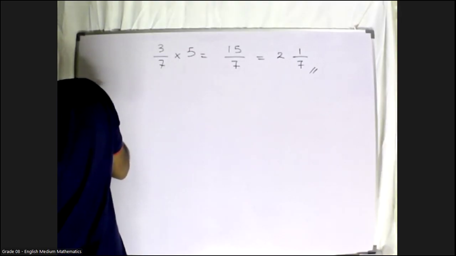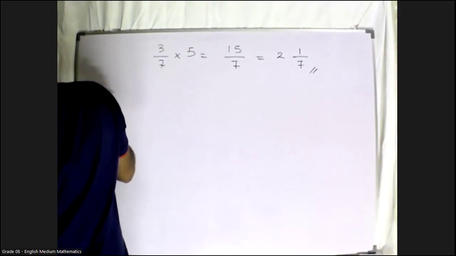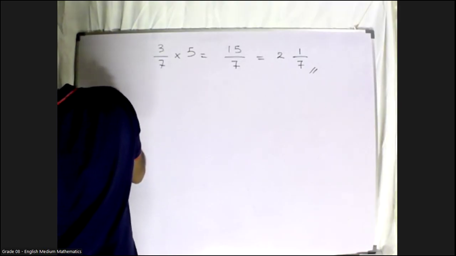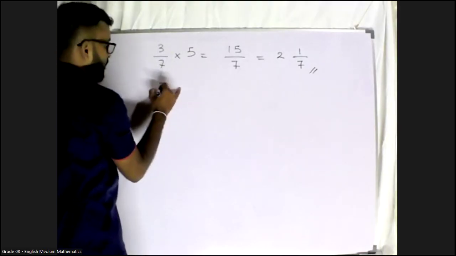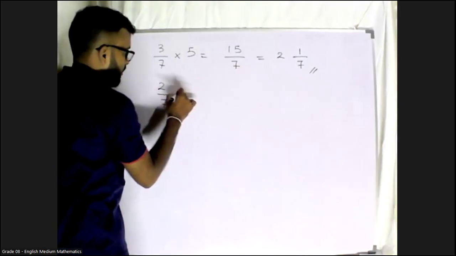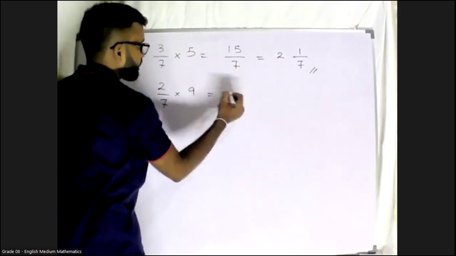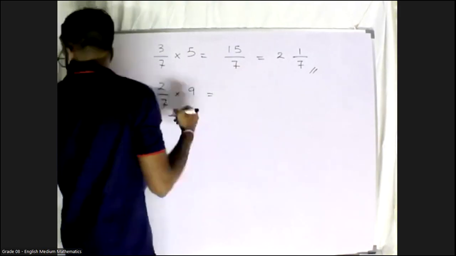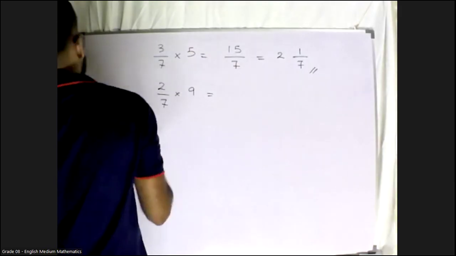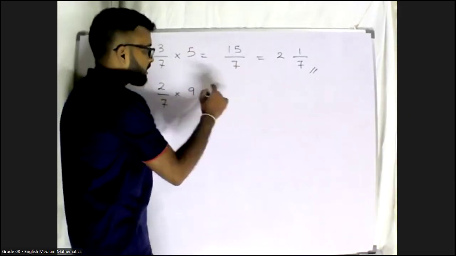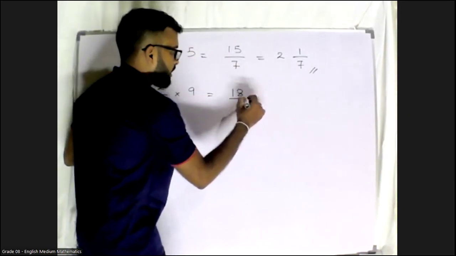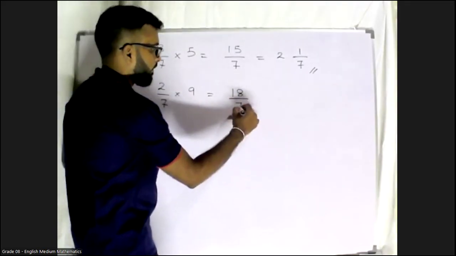the fifth one, 2/7 times 9. 2 times 9, 18, numerator is okay, denominator is 7.